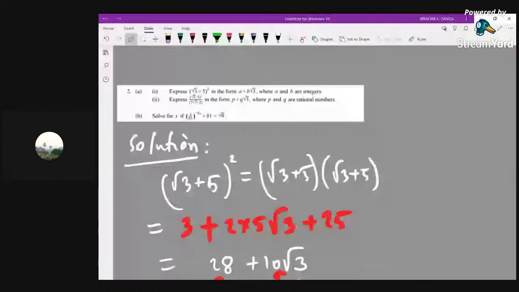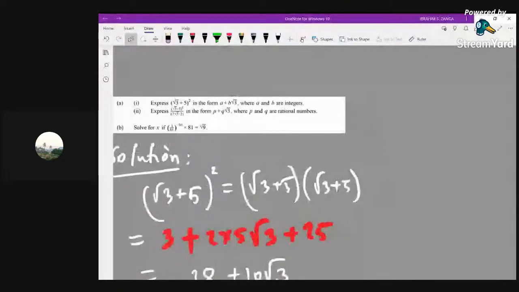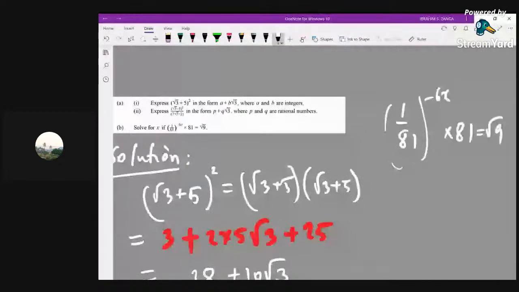We were told that 1 over 81 to the power, equals to, so this is 3 power negative 4 in the bracket, negative 6x times 3 power 4 equals 3 power 1.